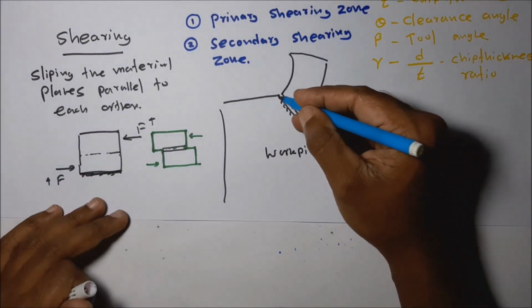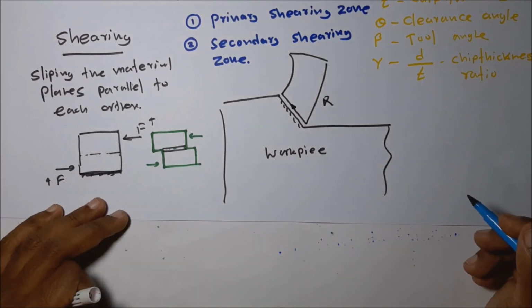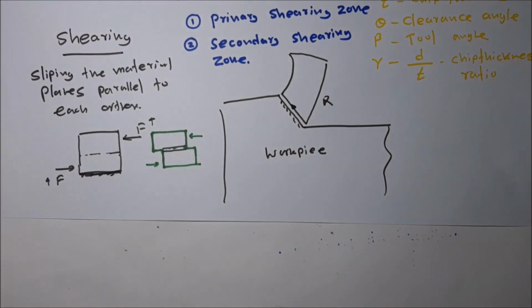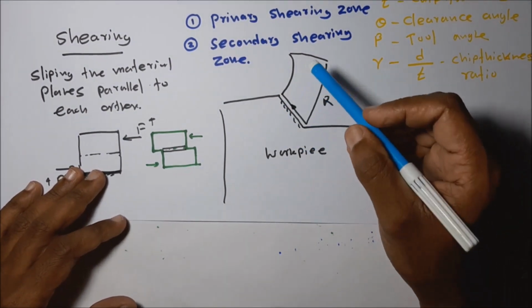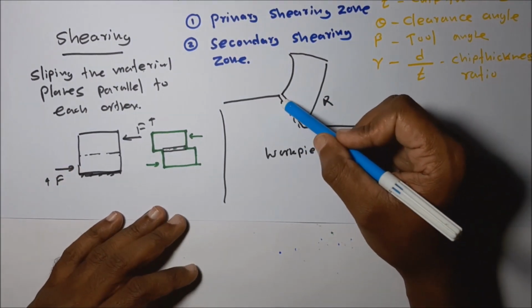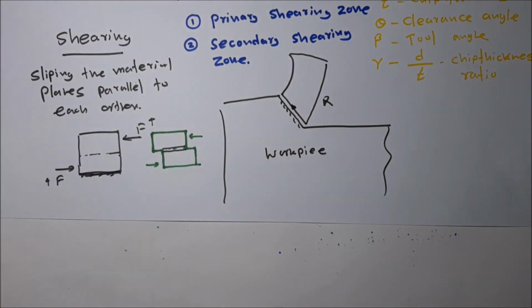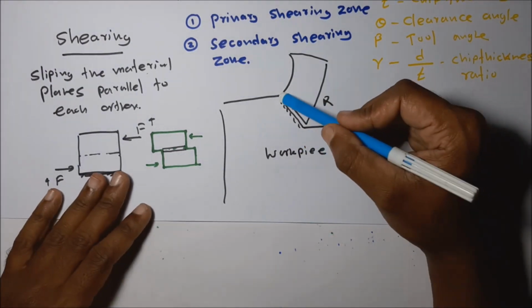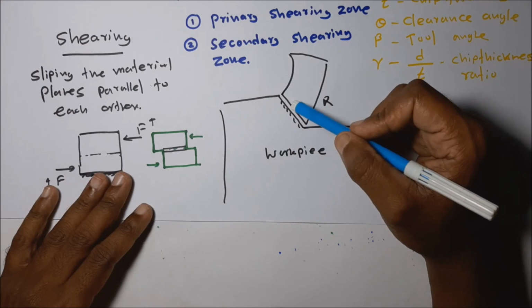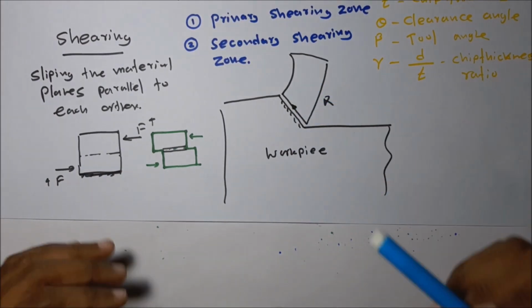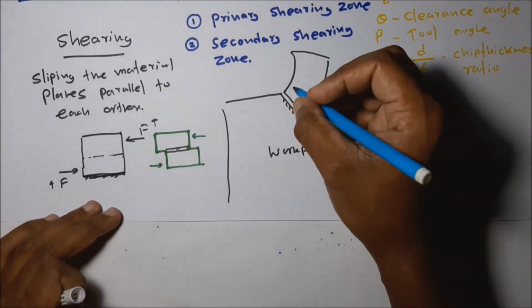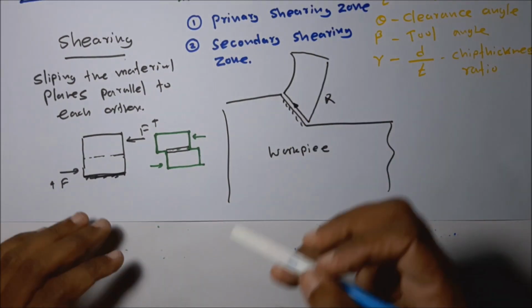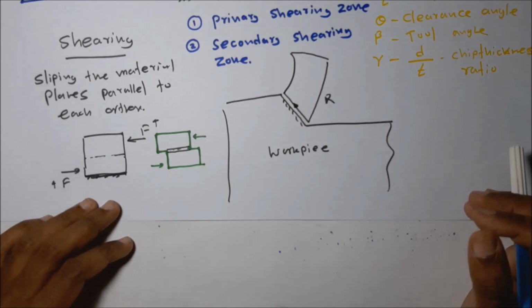Then this is called the primary shearing zone. It's a heat generating zone because of the shearing friction. There's a huge friction resisting this slipping action, so huge work has to act on this chip against this resisting force.